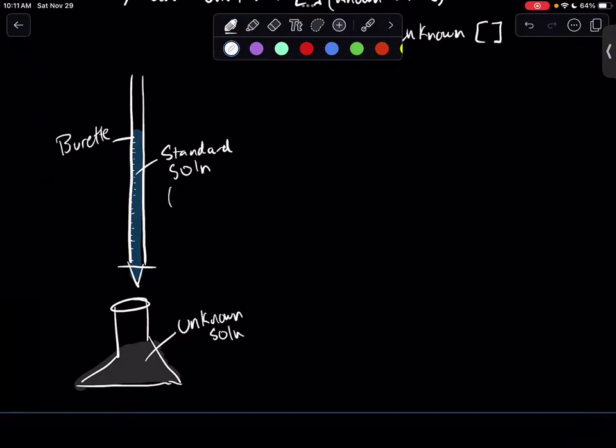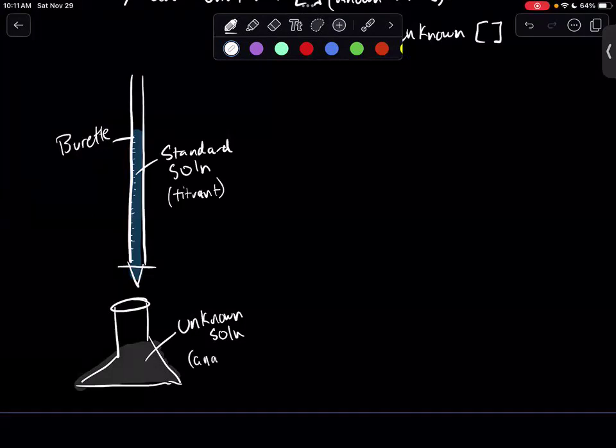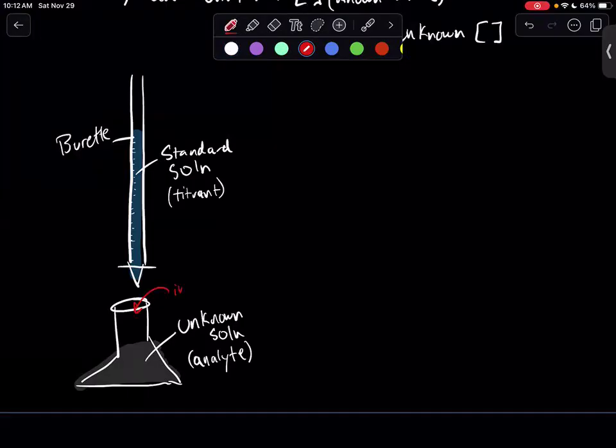Now, the standard solution that we pour in is called the titrant. As it's being titrated in, our unknown solution, the one we're analyzing, is called our analyte. So these are just the terms you'll often see in a titration. Furthermore, we're going to add a little bit of indicator. In most acid-base reactions, our indicator is phenolphthalein, which is colorless in an acid but turns pink in an alkali solution.